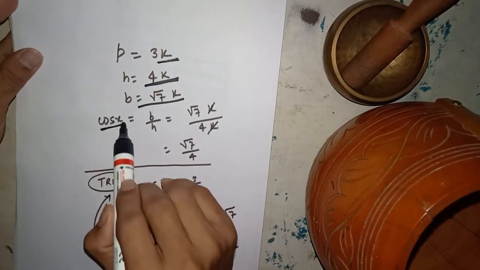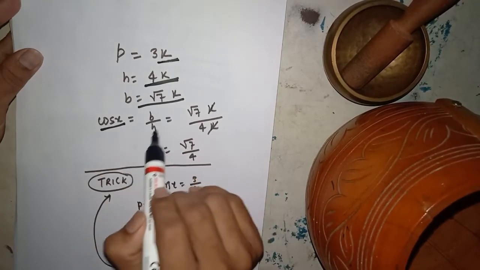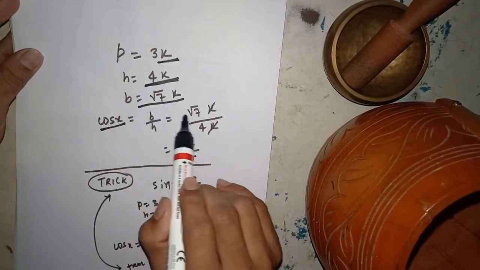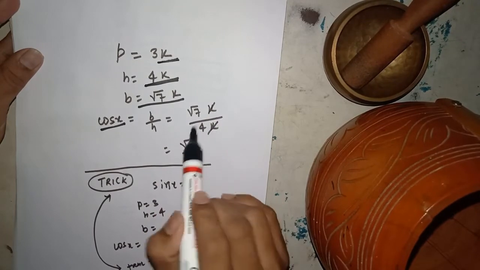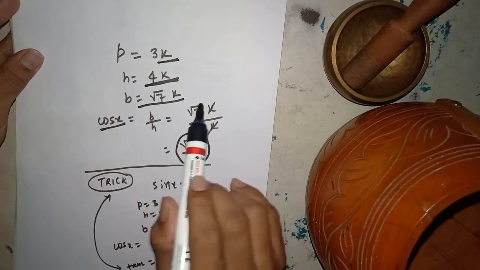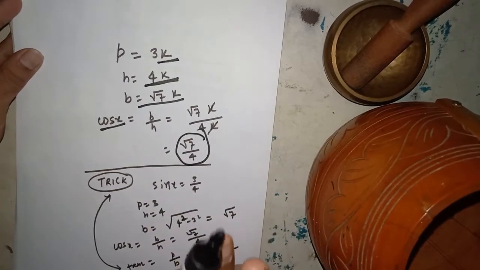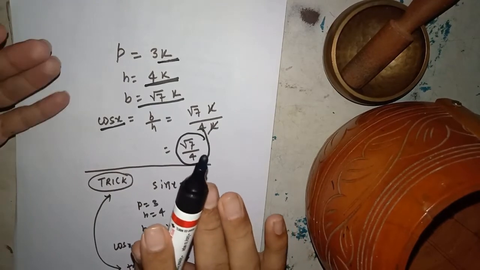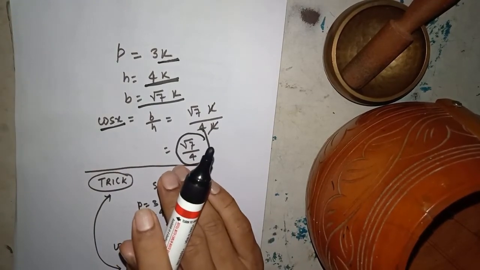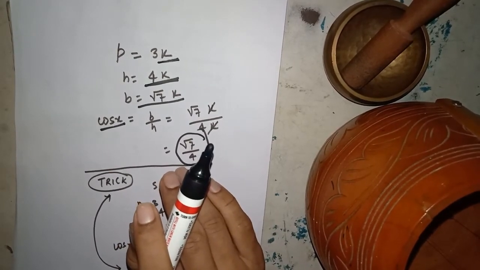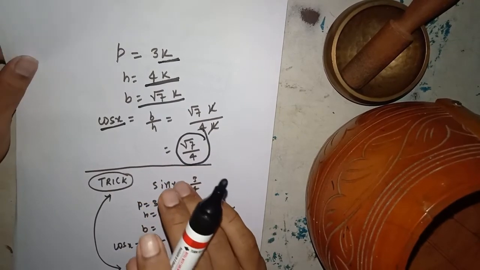So if I want to know about cos x, then I take the ratio of B and H. So B is root 7 k and H is 4k. So k cancels out, it becomes root 7 by 4. Actually in the end, the ratio value must be cancelled. So in this fashion we can find out all the ratio values if one ratio is given. Are you getting my point?